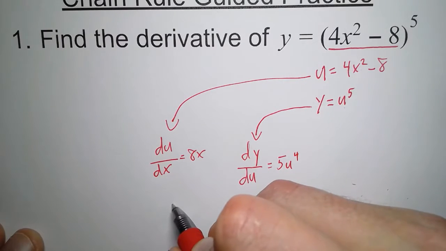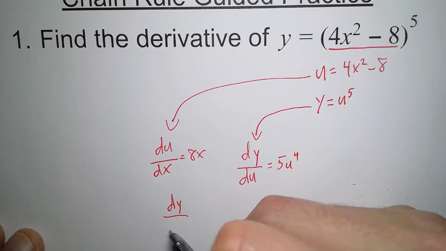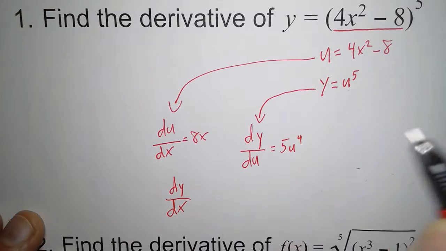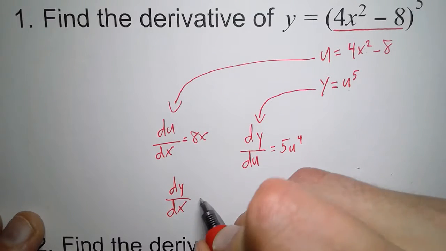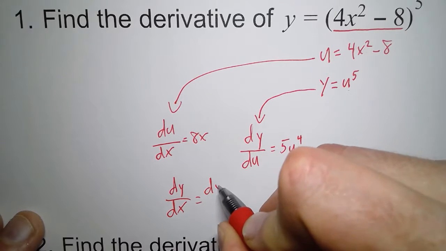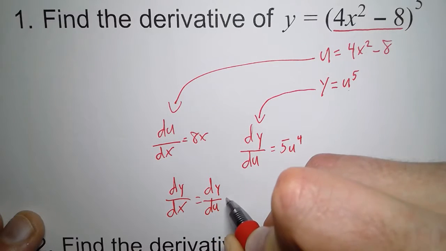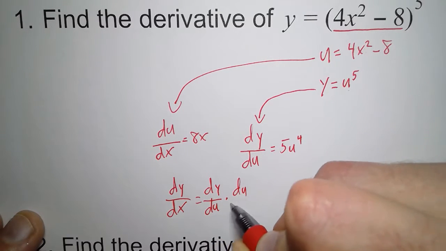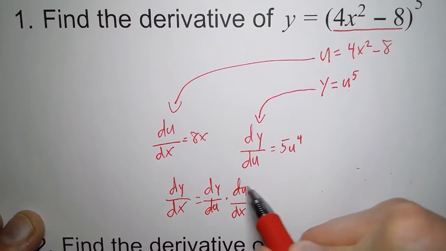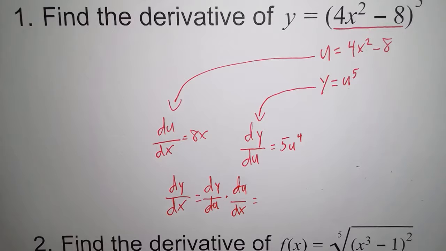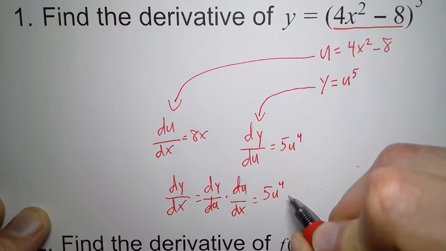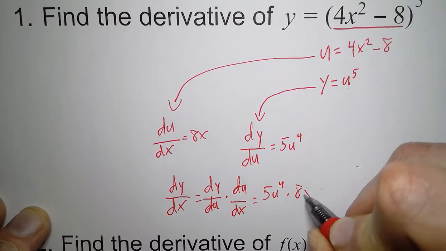So what we're looking to find is dy dx, where y is our dependent variable and x is our independent variable. And so the way we arrive at that is we're going to multiply dy du times du dx. And what will end up happening is the du's will cancel out. So we have dy dx, which is 5u to the fourth, times 8x.